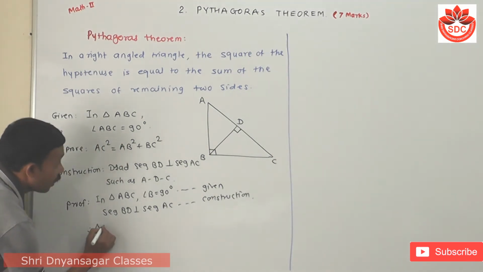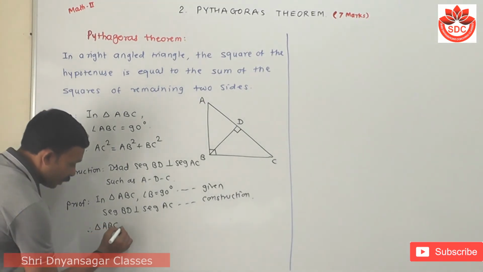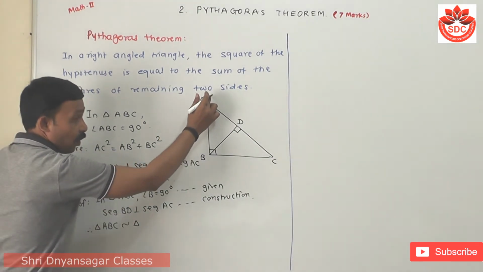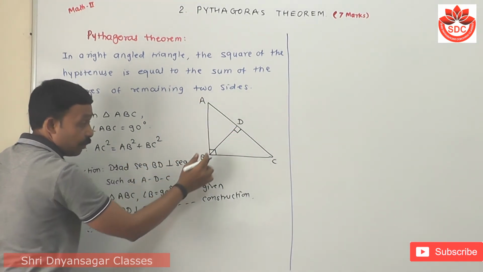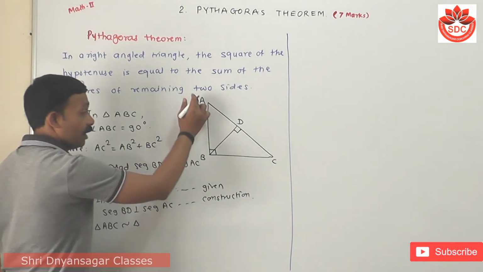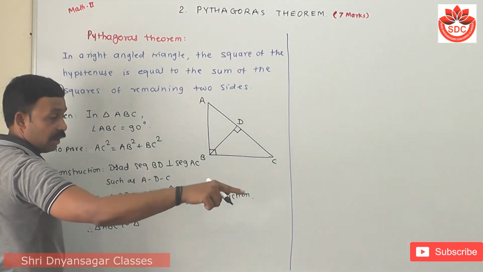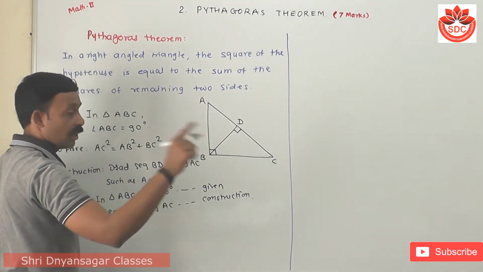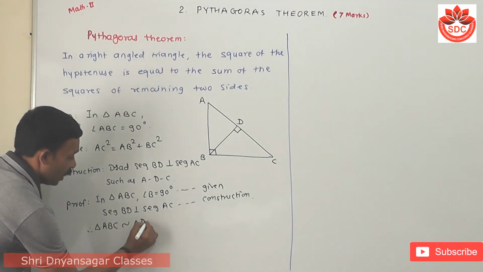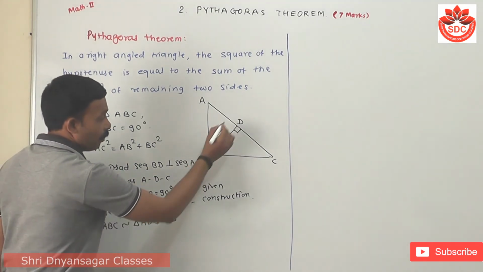Therefore, triangle ABC, first I will write the original triangle, is similar with the triangle taking the vertices properly: ADB. Then start again from B, BDC. Then take the original again, start from A to C. So the next triangle ADB is similar with another triangle BDC.